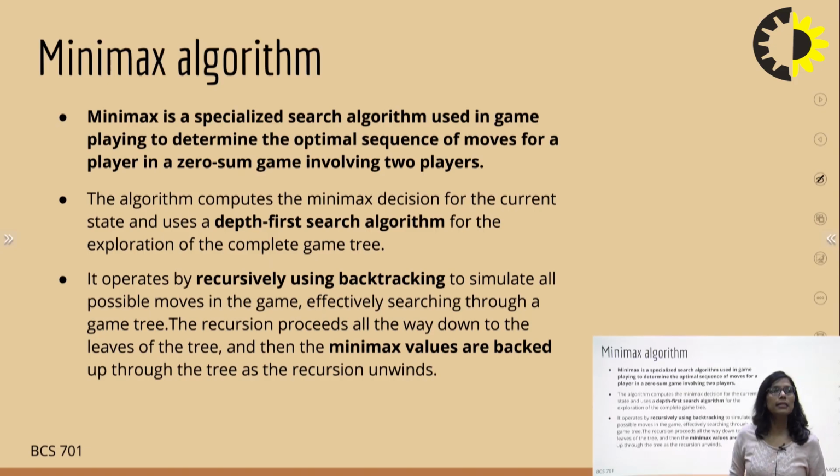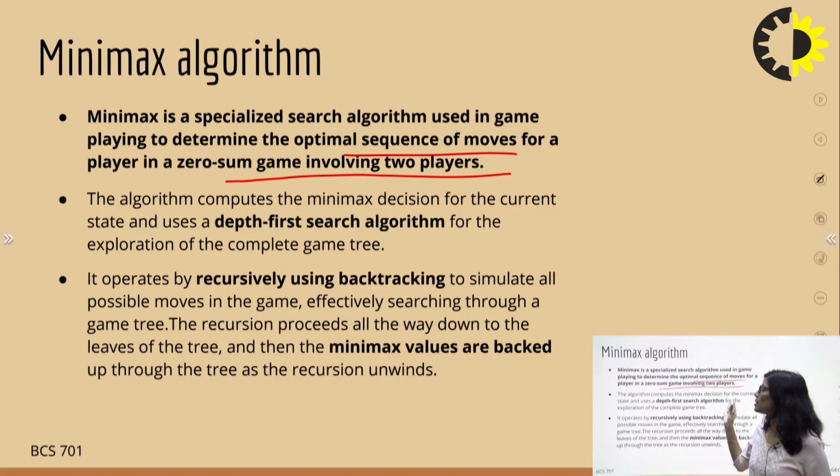It is a specialized search algorithm which is used in game playing to determine the optimal sequence of moves for a player in a zero-sum game involving two players. So here we will have two players and we have to determine the optimal moves for both of these players, right? So usually it uses the depth-first search algorithm.